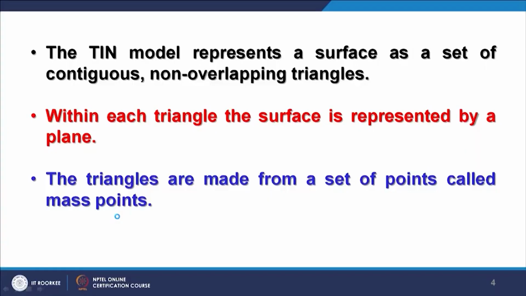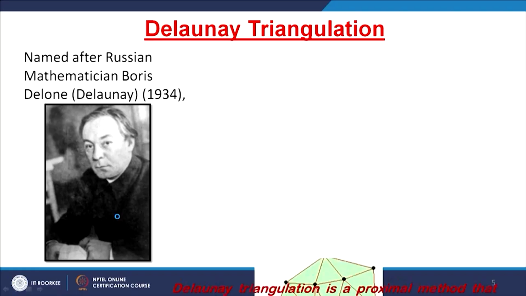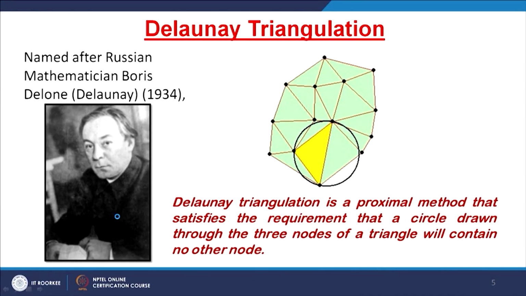Now, triangles are made from a set of points and that is called mass points, because the input is always data. And now, a little bit of dedication to the person who gave this idea, that is Boris Delaunay, and in 1934 he gave this theorem basically that this triangulation, it is still known as Delaunay triangulation, basically is a proximal method that satisfies the requirement.